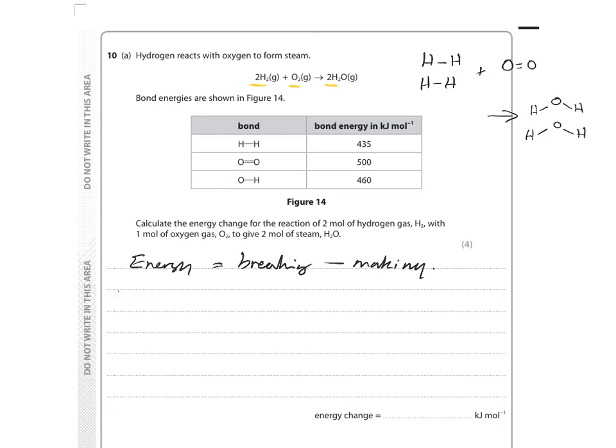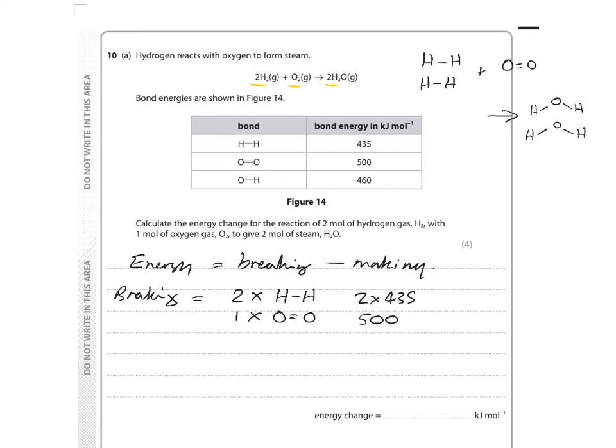So breaking equals 2 times H-H and 1 times O double bond O. 2 times H-H is 2 times 436, and O double bond O is 498, about 500.